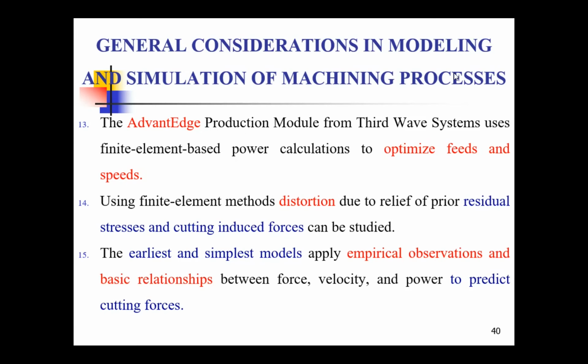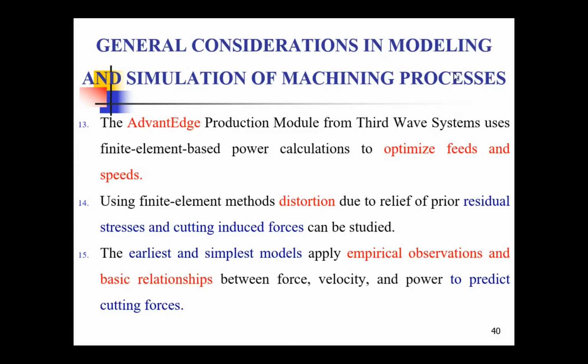So the earliest and simple models, as told, are purely based on volume and geometrical interactions. Apart from this, the earliest models apply empirical observations. Empirical observations means developing a model using experimental outputs.